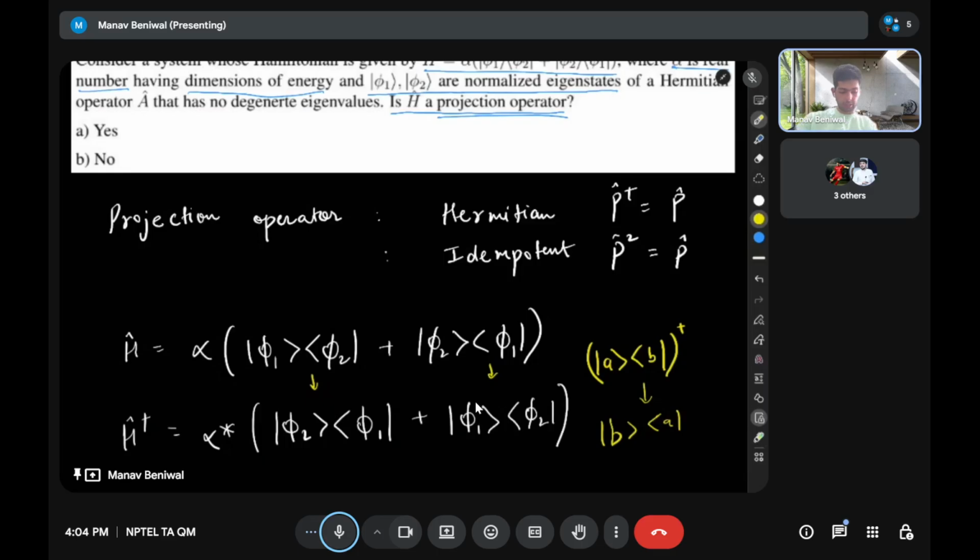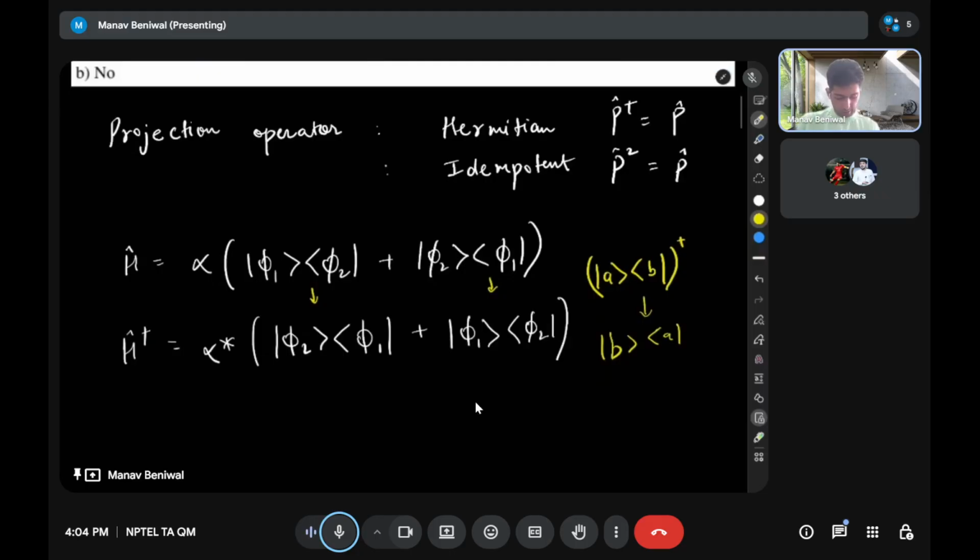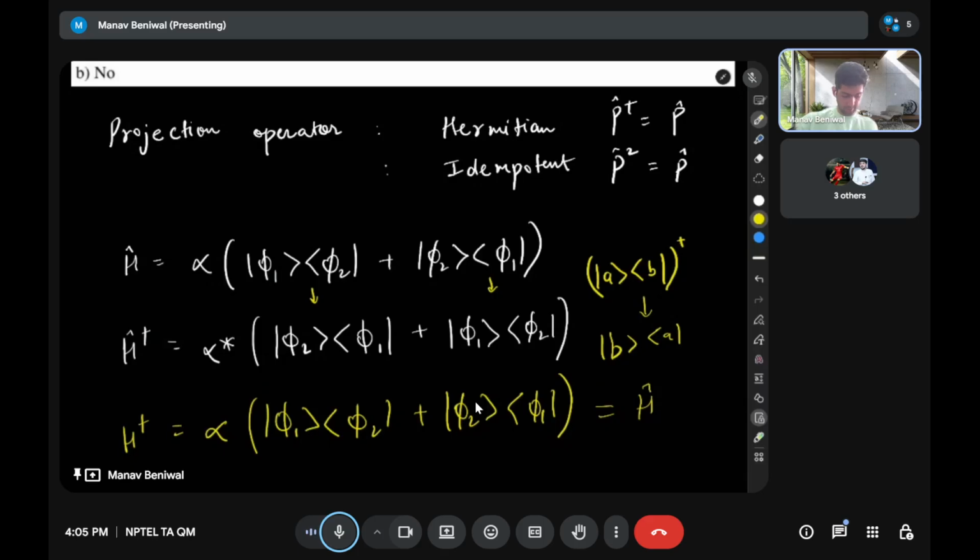Also, we know that alpha is real, so alpha star is just alpha. So our H dagger will be alpha, and writing the second term first, we basically get the same thing. And this is nothing but H, which means our Hamiltonian satisfies hermiticity, so we can say that the Hamiltonian is Hermitian. Now let's check the second condition, which is idempotency.